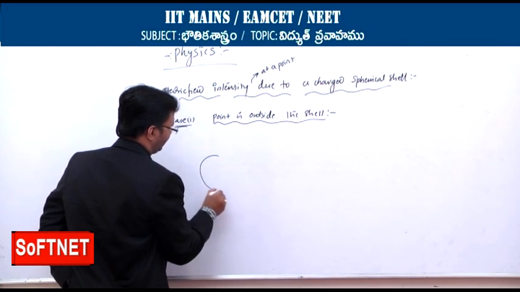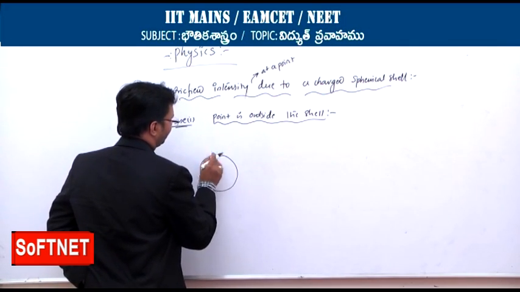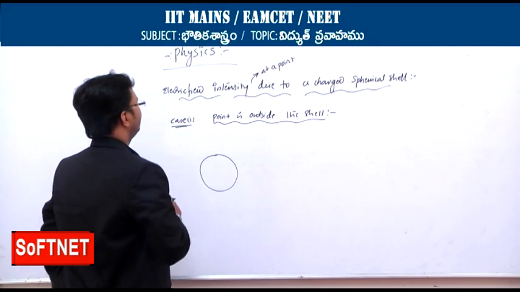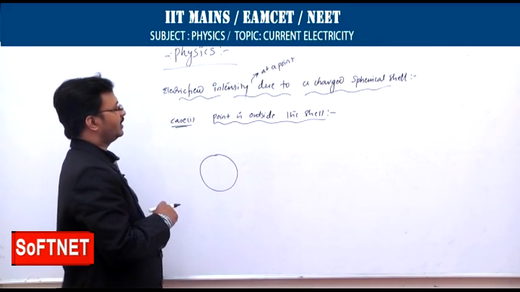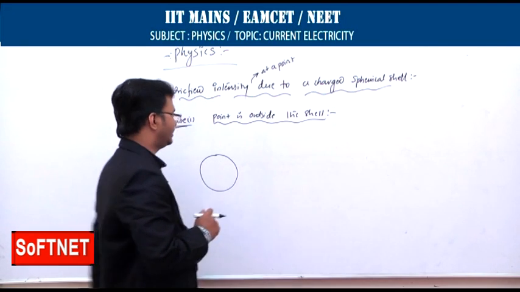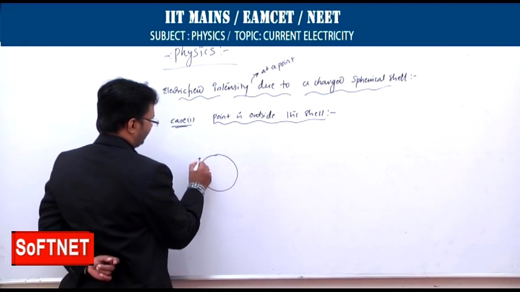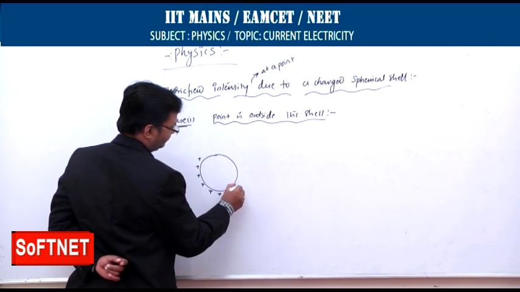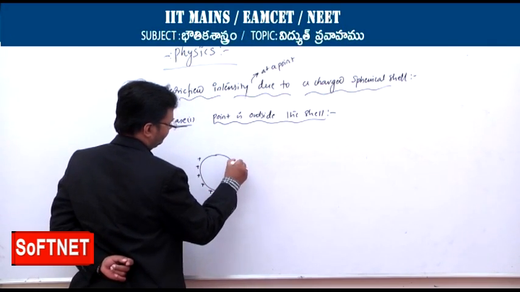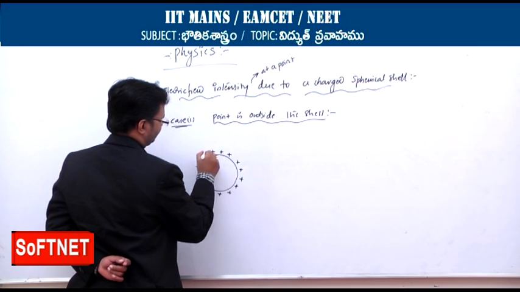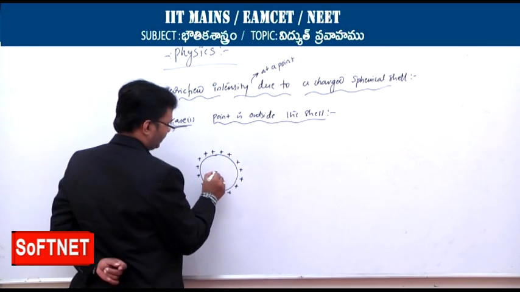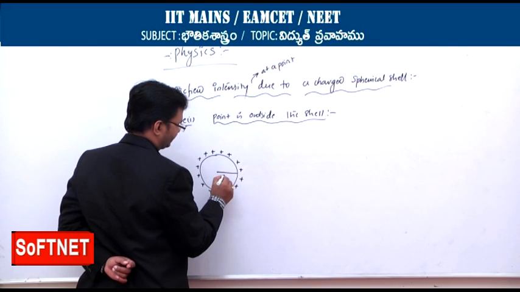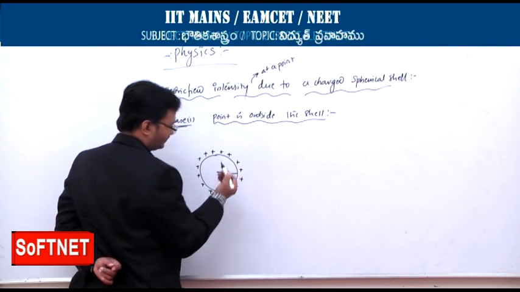See here, this is a uniformly charged shell. Charges are accumulated or placed on the surface. The radius of this sphere I am taking as capital R.